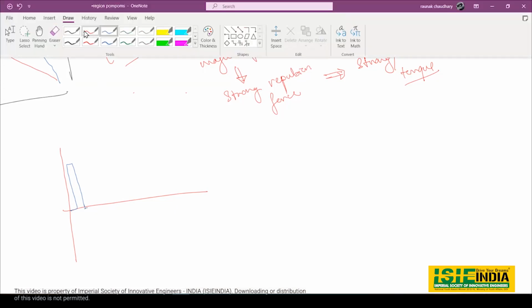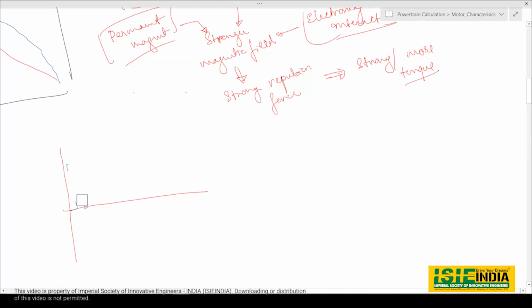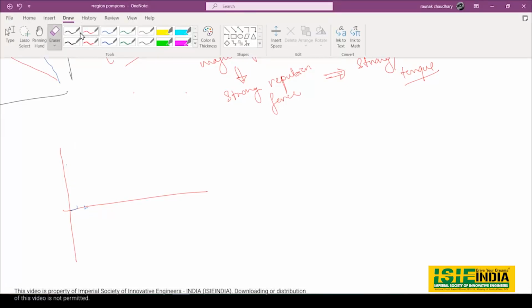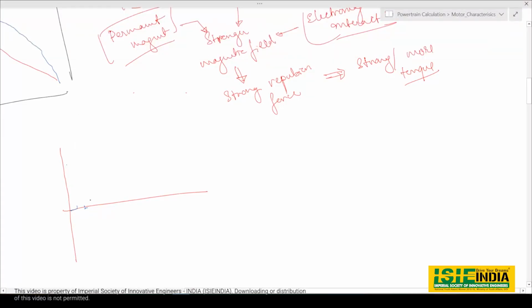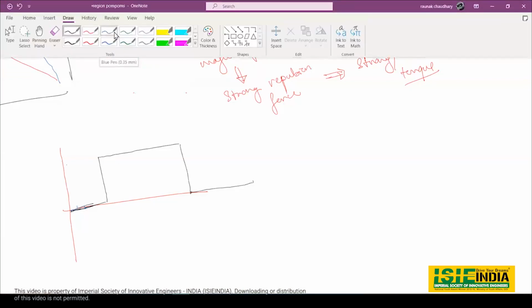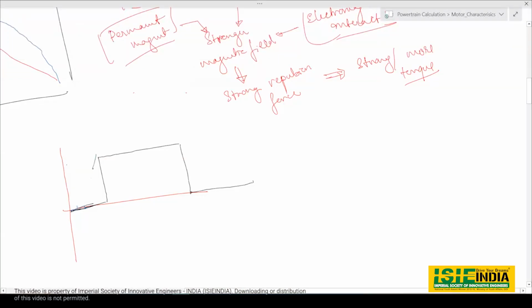So it will be like this. So I'll just draw a broad graph. So for example, if this is the DC pulse, right? So the magnetic field value will be like this.